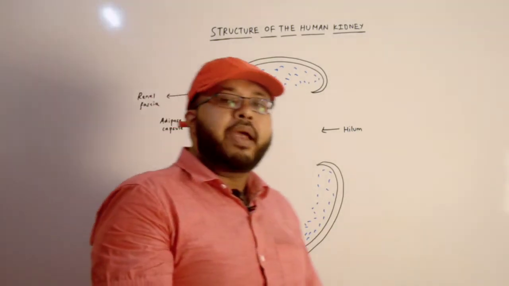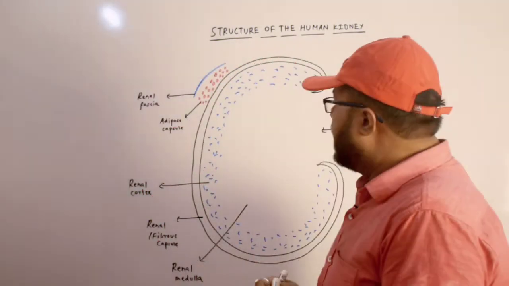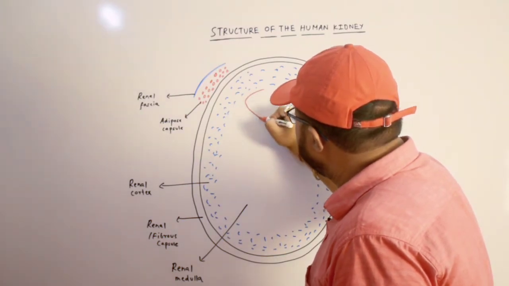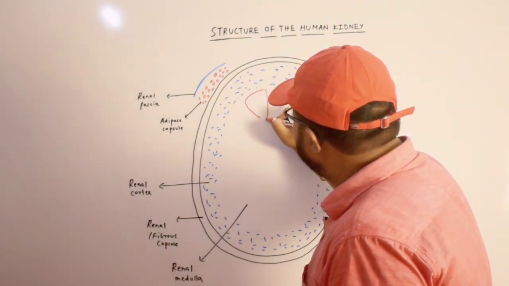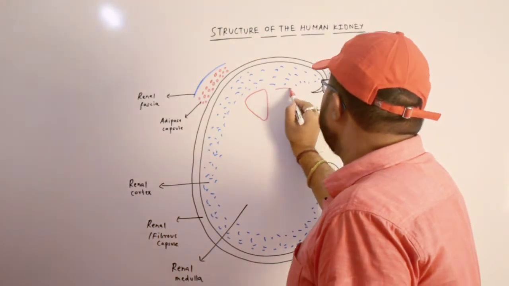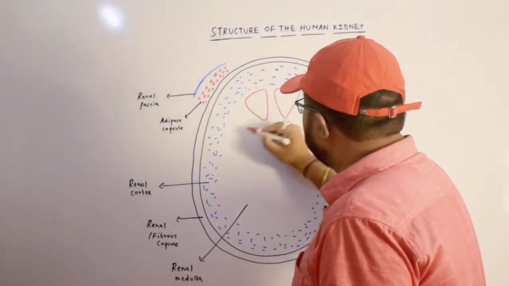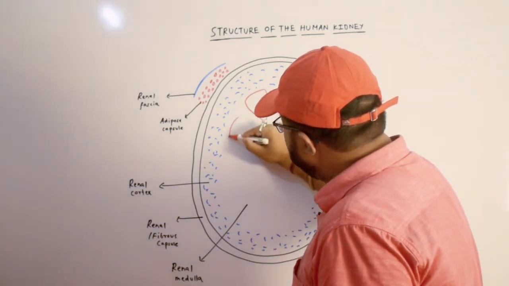In the renal medulla, conical or pyramid-shaped structures are present.